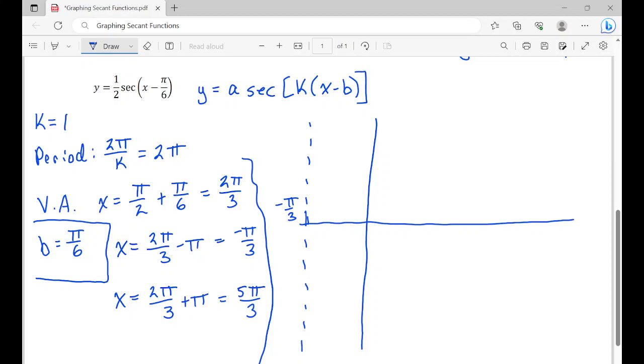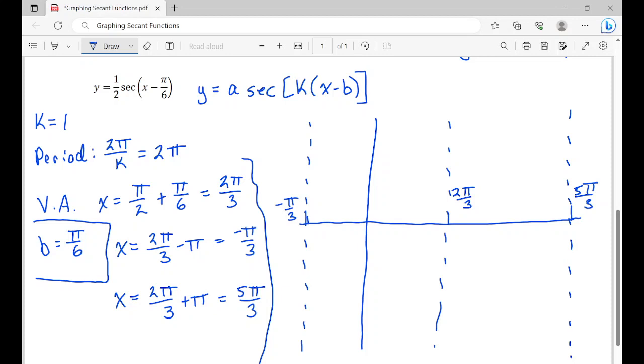Then I'm going to have 2 pi over 3 for this one. And then last, I'm going to have 5 pi over 3 for this one. So there are my three asymptotes.